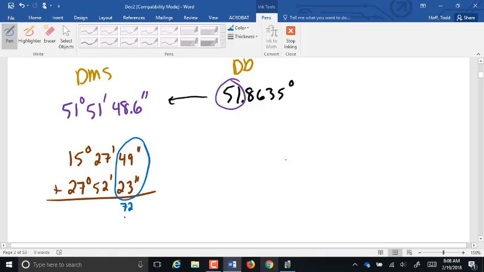Well, is that bigger than a minute? Yes. So I'm going to carry 1 minute. How many seconds did that 1 minute take out of there? 60, right? So that leaves me with 12 seconds there.